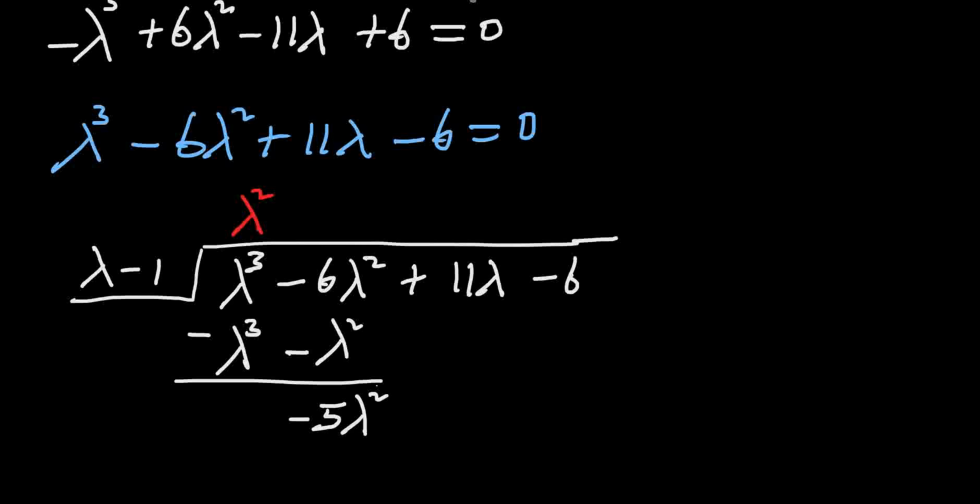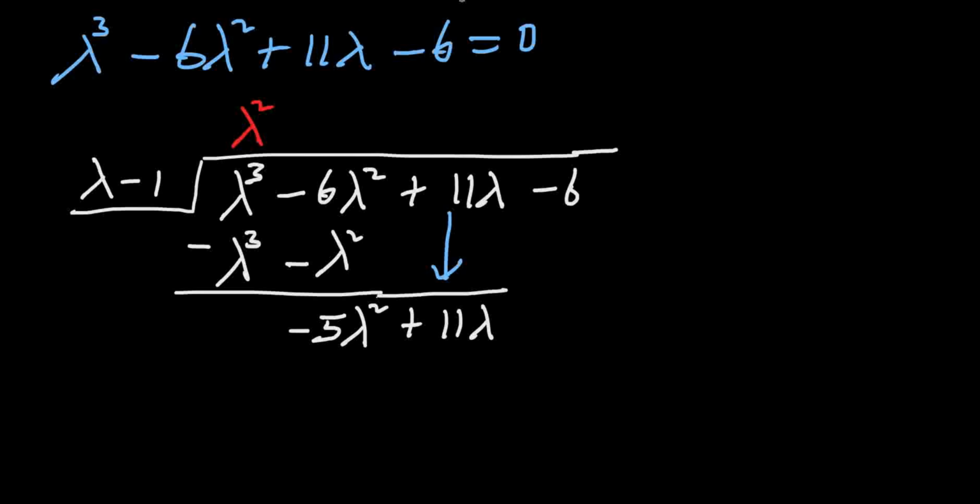And next we can move positive 11 lambda down, so plus 11 lambda. Again, we have to divide negative 5 lambda squared by lambda, and that will give us negative 5 lambda.